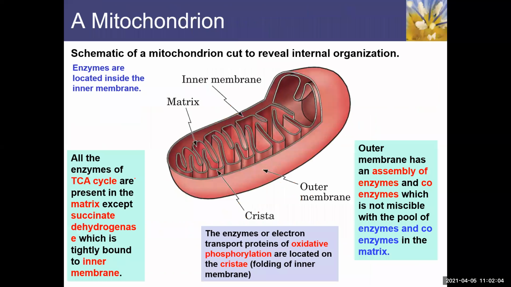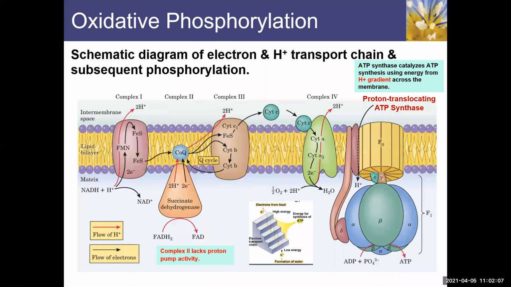Now let me show you the diagram first. These will be the electron transport chains which we'll be talking about. In these electron transport chains, you will see that they're all electron carriers. We call them electron carriers because they can pick up the electron and give it from one carrier to the next carrier, then to the next carrier in the chain.